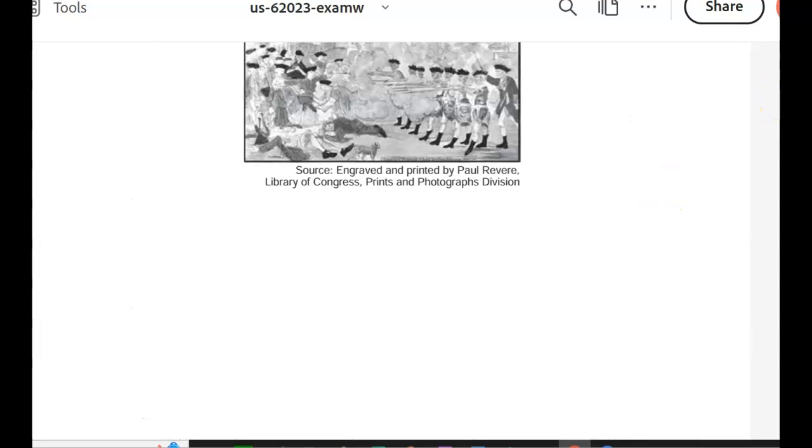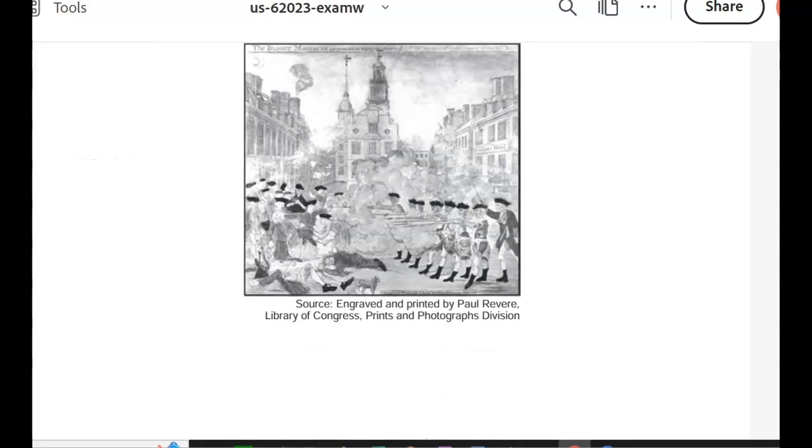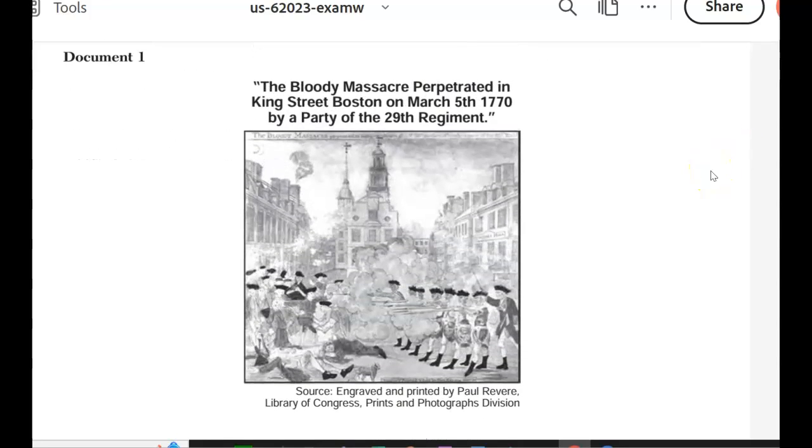So clearly, two completely different versions of what happened that night. The context, you should say, first paragraph is always historical context. This is about the Boston Massacre. Bostonians angry about the taxation that was being put on them. The British soldiers were there.